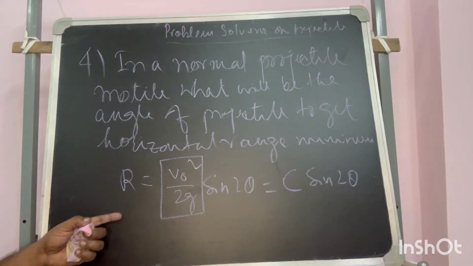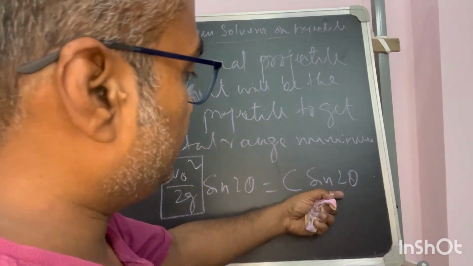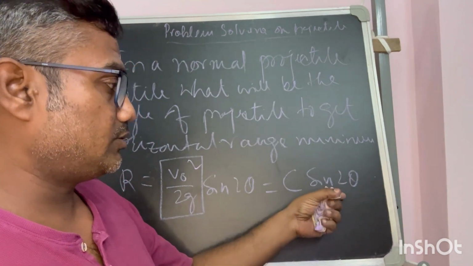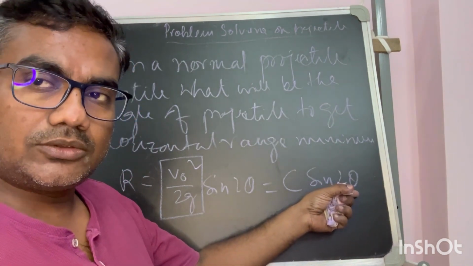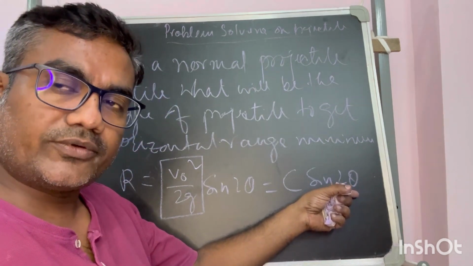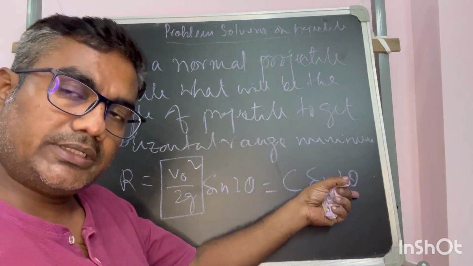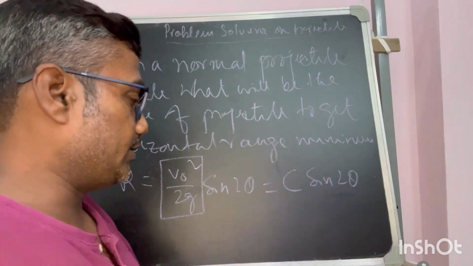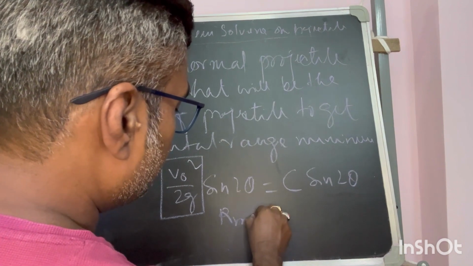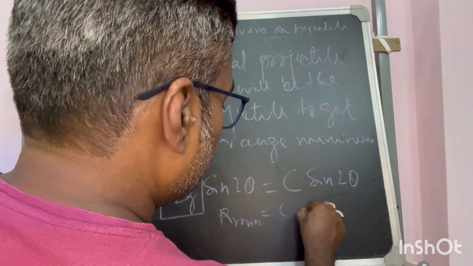So for maximum range, I put sine 2 theta equal to 1. So from there I calculated theta is equal to 45 degrees. Now range will be minimum when I put sine 2 theta equal to 0.